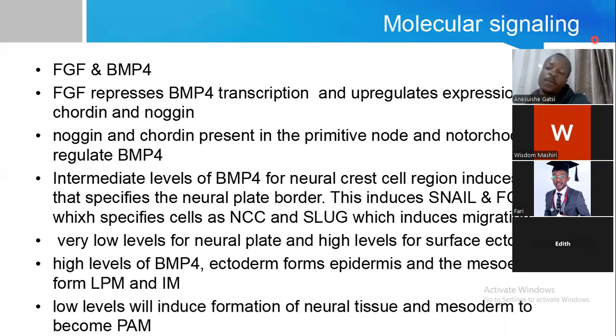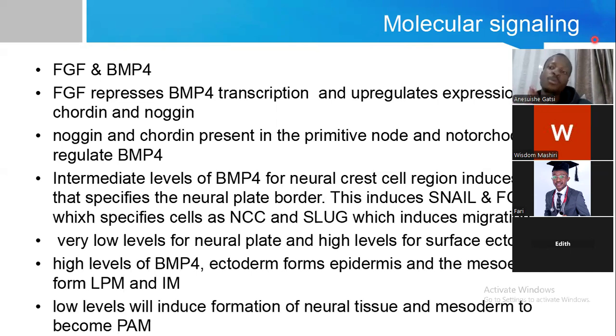The reason we are focusing more on bone morphogenic protein 4 is that the ectoderm, which is the outer layer of our 3 germ cell layers, is the one mostly related to formation of neural structures. So we want to specify the ectoderm into 3 separate regions. Number 1, the neural plate, which we'll describe shortly with the process of neurulation, which is formation of the neural tube.